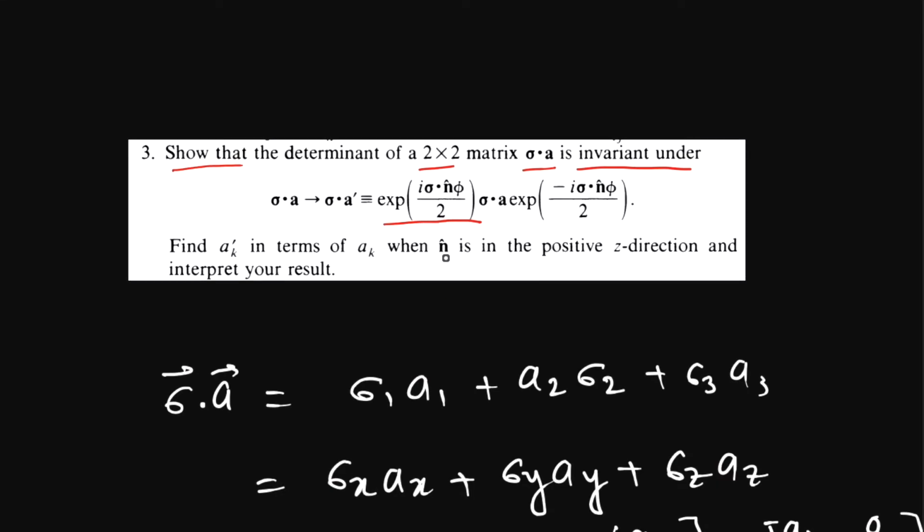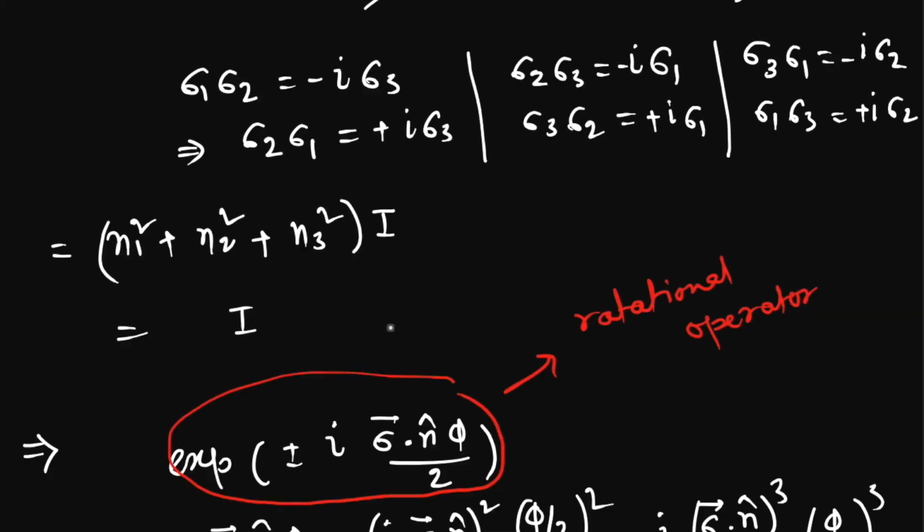In the question the n cap is in the positive z direction, so let us impose that.